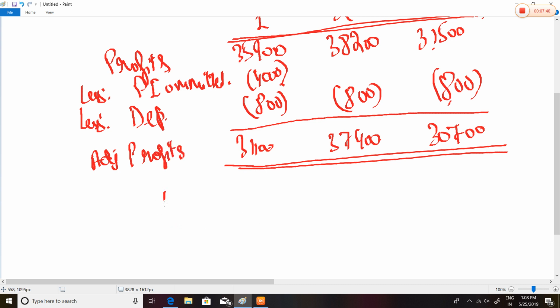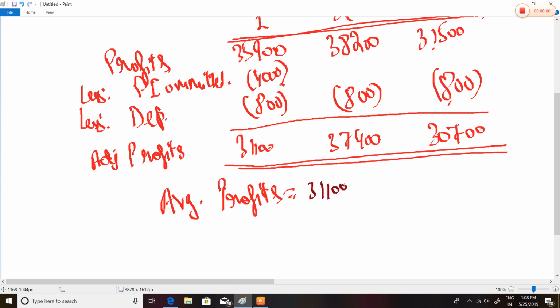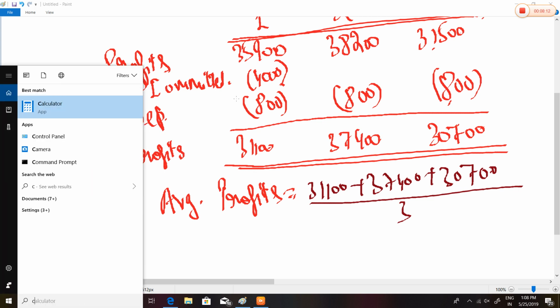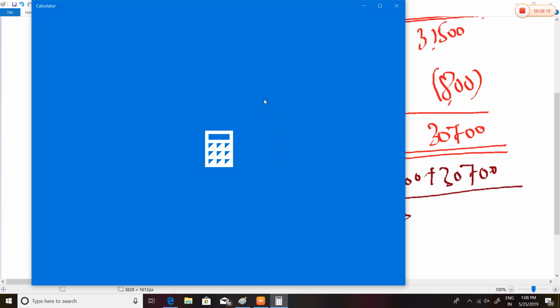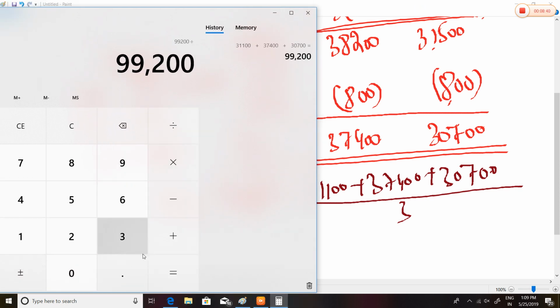Now, average profits for 3 years would be 31,100 plus 37,400 plus 30,700 divided by 3.